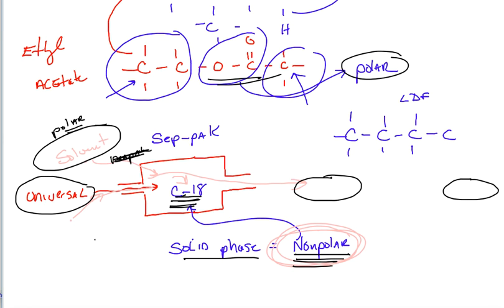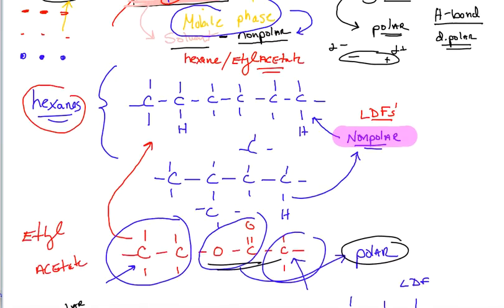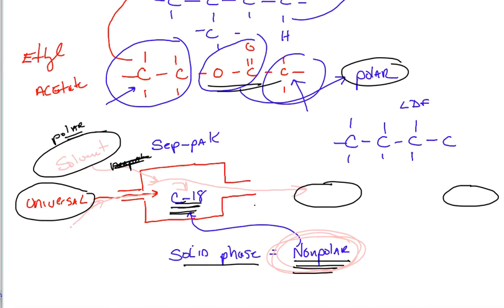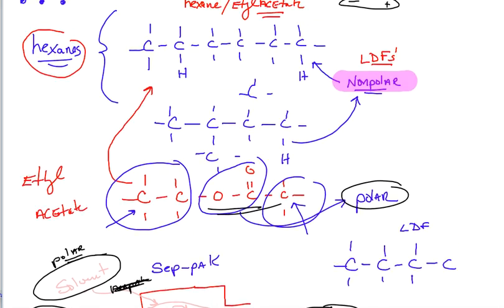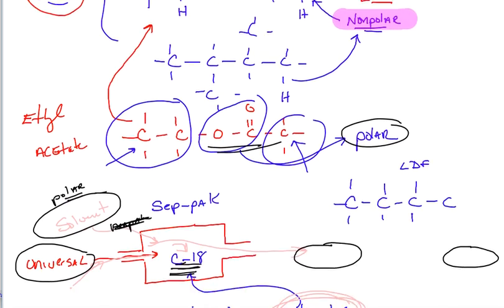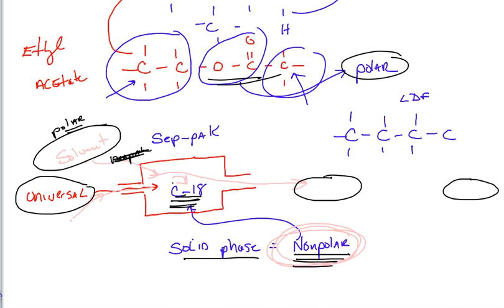So you're confirming your hypothesis by the movement up the plate and determining who is the most polar and nonpolar in the TLC, and you should get the same results understanding how the solid and the mobile phase are flipped here in the column chromatography, meaning the one who moved up the farthest in the plate must have liked the mobile phase, which was mostly more nonpolar than the silica, right? And the one who left the column last preferred the more nonpolar solid phase, which was now nonpolar.